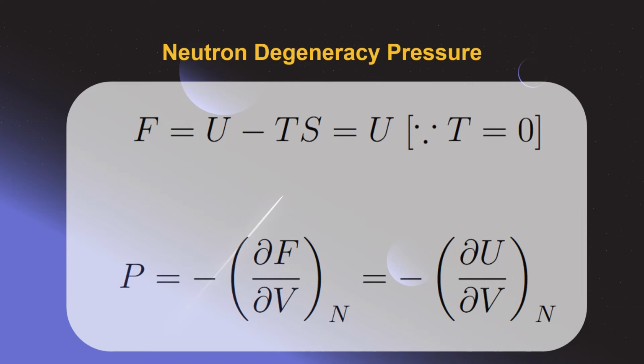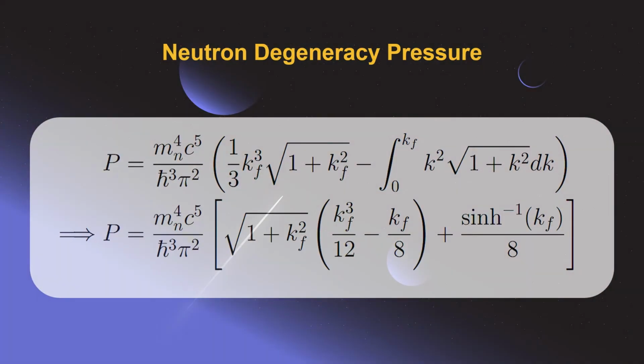Now using standard thermodynamic results at the T equal to 0 limit, we get the neutron degeneracy pressure P as minus del U by del V. This gets us the pressure as a complicated equation of k_F along with various constants, but we will use a much simpler version of this.